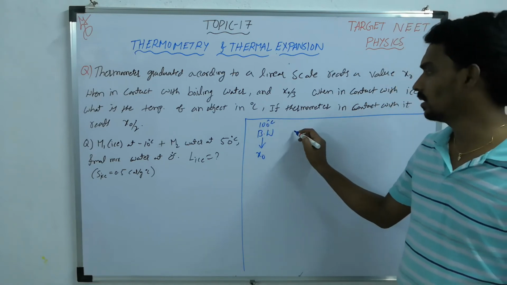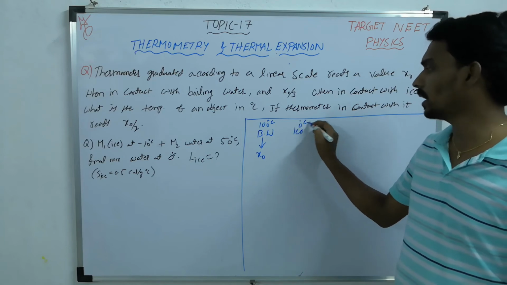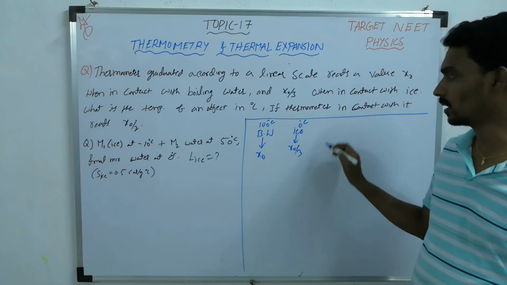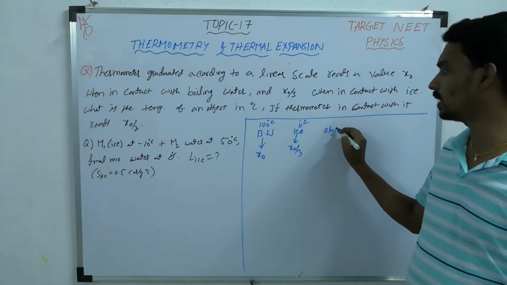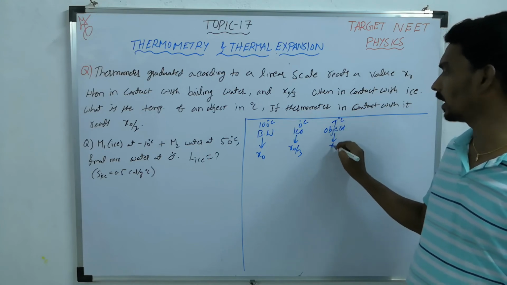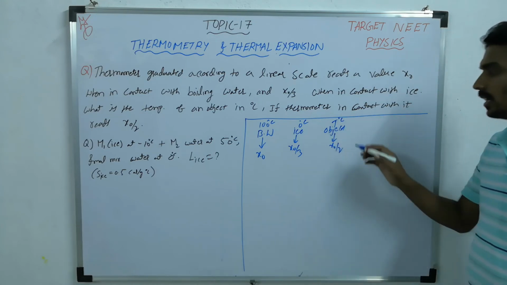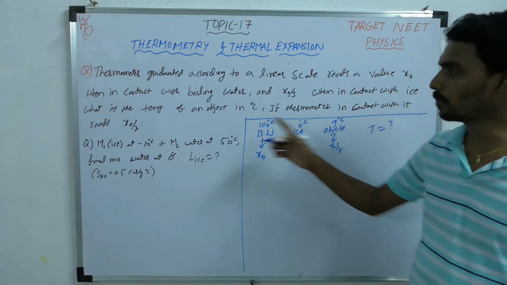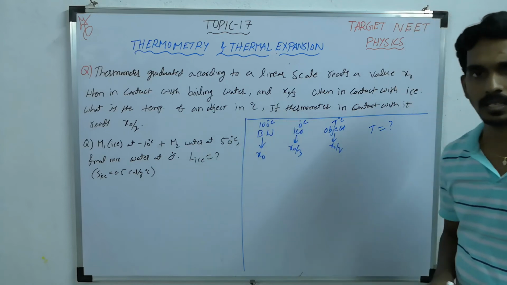When it is in ice, where the temperature is 0, the reading is x0 by 3. Now one unknown object is there. Let's take the temperature as T degrees Celsius. Then it reads x0 by 2. We need to find T, the temperature of the object in degrees Celsius.